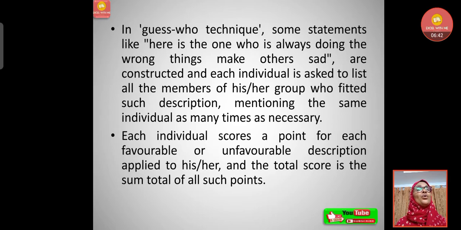Now in the guess who technique, statements like 'here is the one who is always doing the wrong things and makes others sad' are constructed, and each individual is asked to list all the members of his or her group who fit such a description, mentioning the same individual as many times as necessary. So each individual scores a point for each favorable or unfavorable description applied to him or her, and the total score is the sum total of all such points.